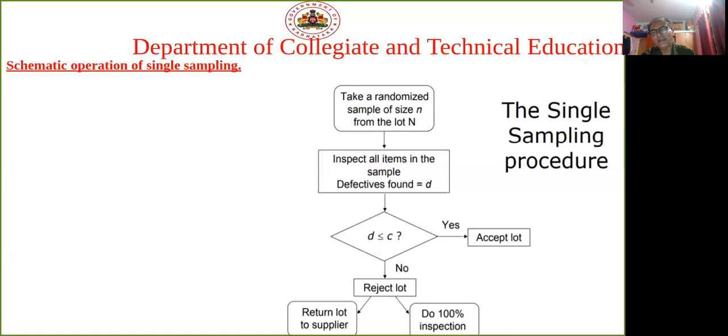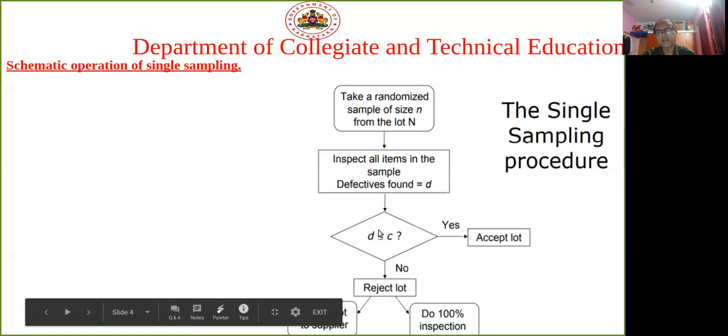Then the value of d will be 2. Now we have to compare this d, the number of defectives, with c, which is called the acceptance number.